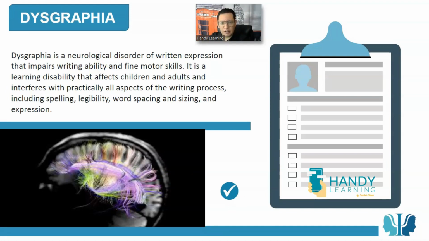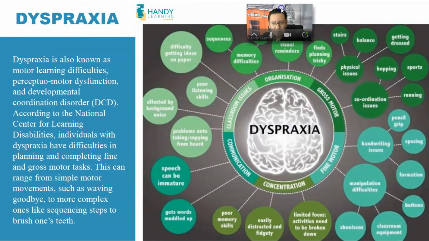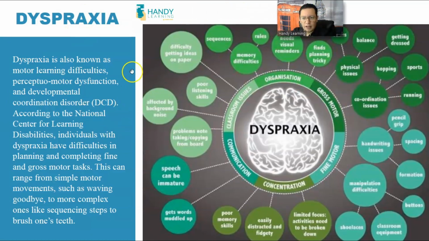The next learning disorder is dyspraxia. Okay, dyspraxia is also known as motor learning difficulties, perceptual motor dysfunction, and developmental coordination disorder. This means that a person or a kid with dyspraxia has problems with gross and fine motor abilities, concentration and focusing attention, right? Communication to express him or herself properly.